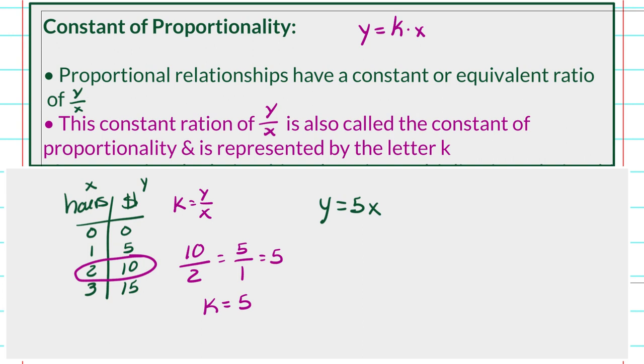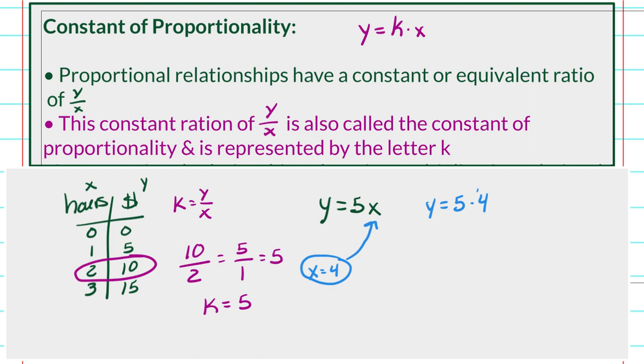Now, I already said x was my hours, right? So I can use my equation that I created to figure out how much money I would have if I worked 4 hours. So let's say x equals 4, and I put it into my equation, y equals 5 times 4.